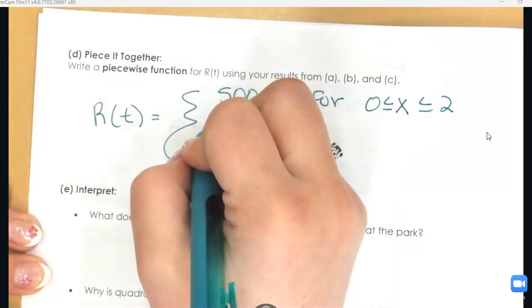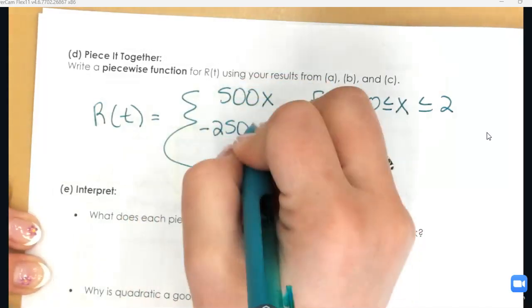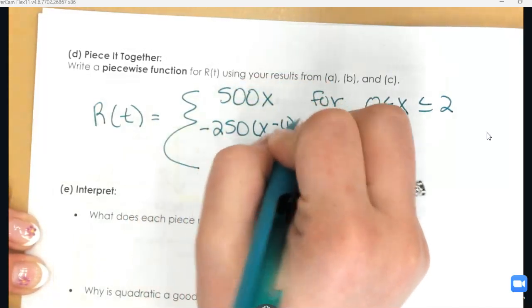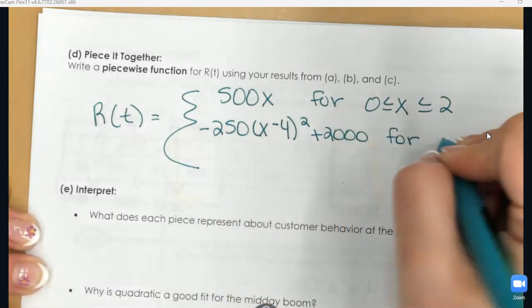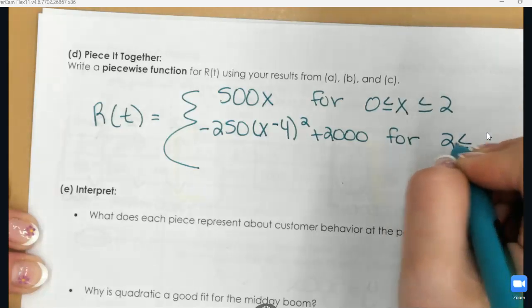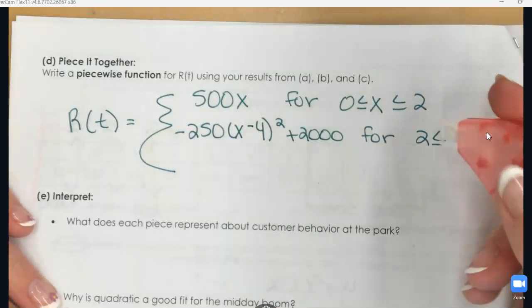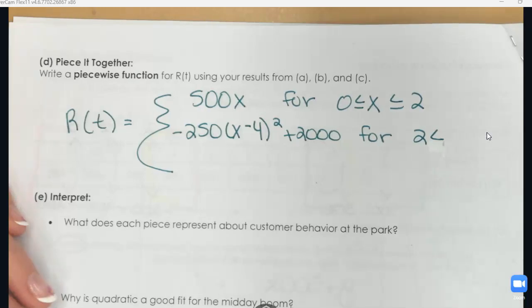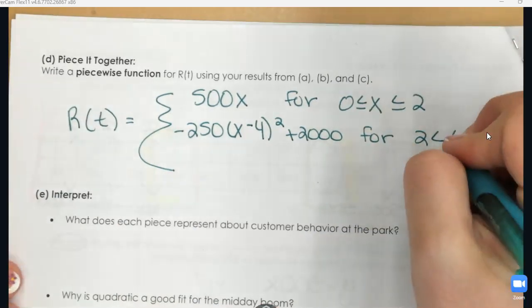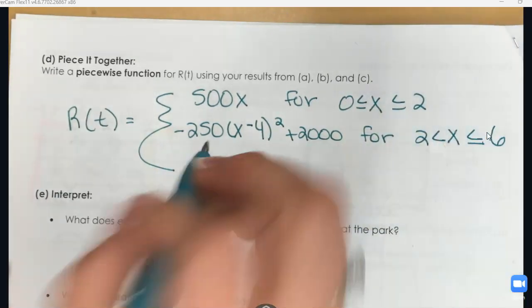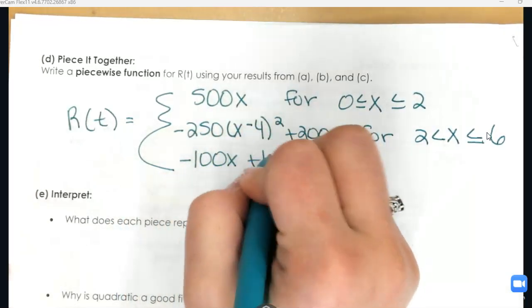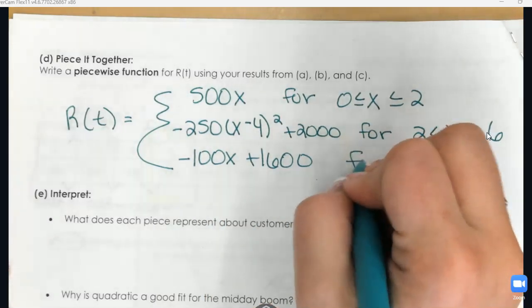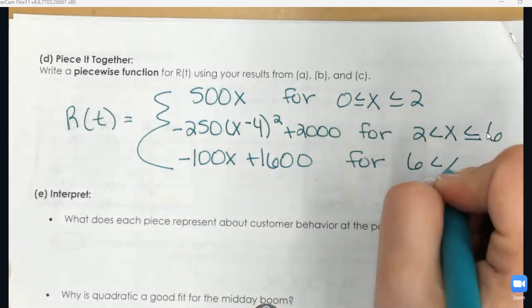For our middle portion, we had negative 250 times x minus 4 squared plus 2,000, and that was for x values from 2 to 6, and I need to not underline that because we don't want to account for it twice. Then our final one at the evening was negative 100x plus 1,600, and that was for x values from 6 to 12.